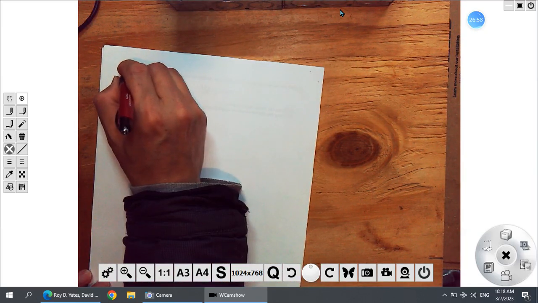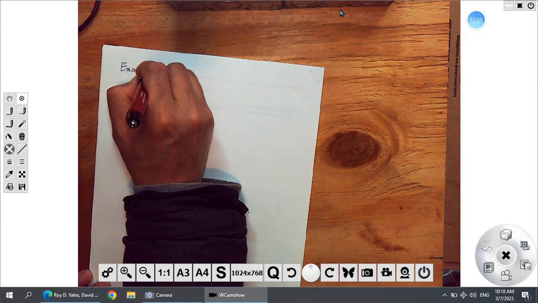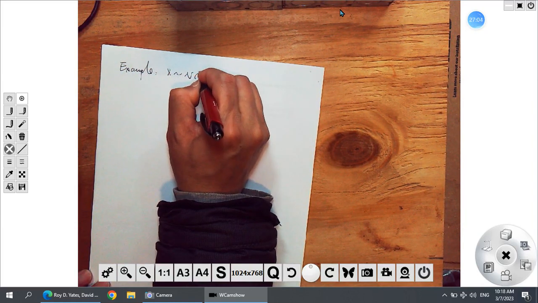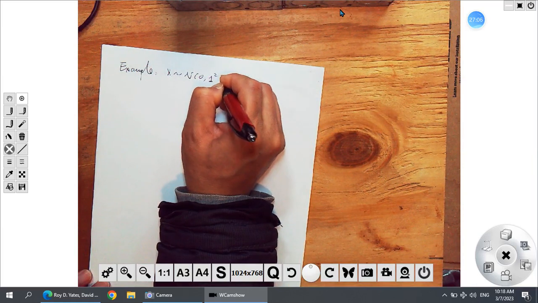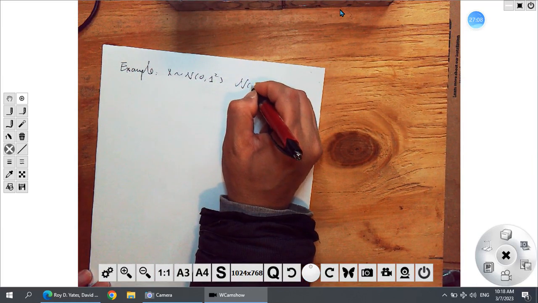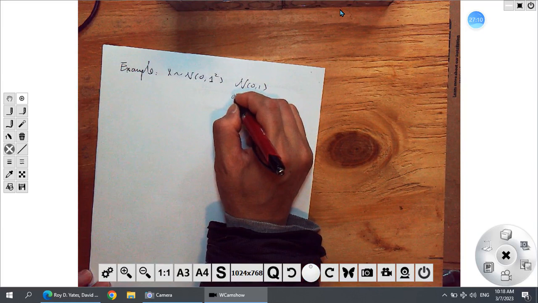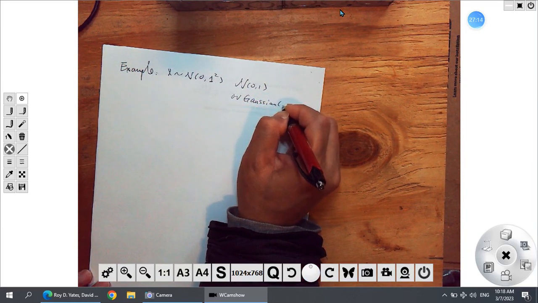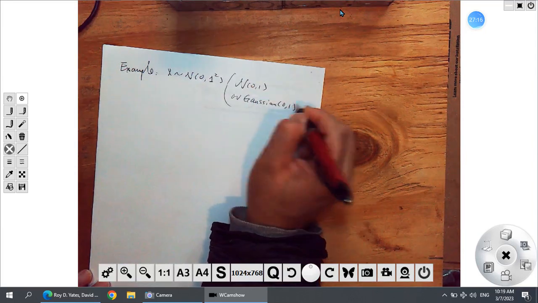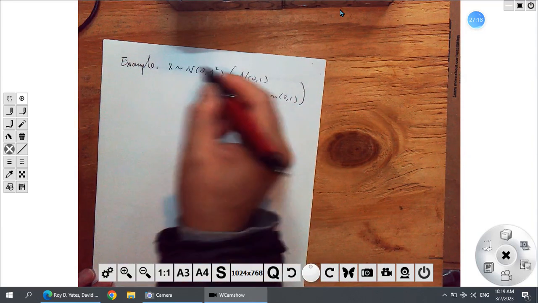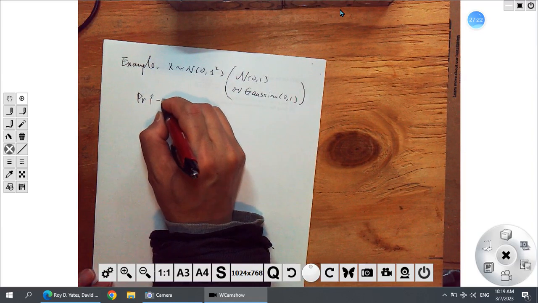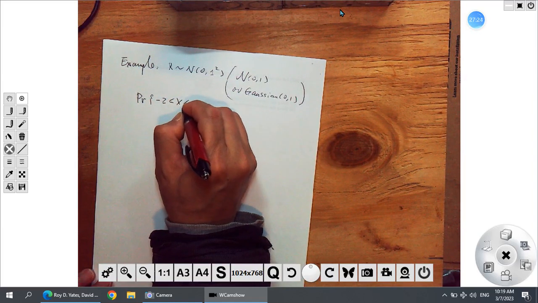Another example. I still use x obeying the normal distribution, the standard one. You can write it this way, or the Gaussian is also fine. Same thing. And we consider the probability of -2 smaller than x smaller than 2.5.